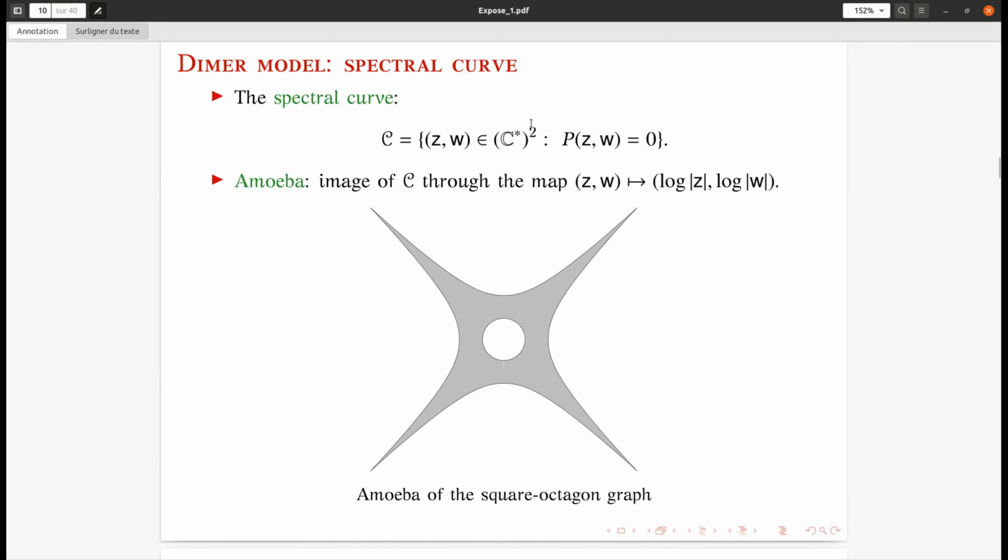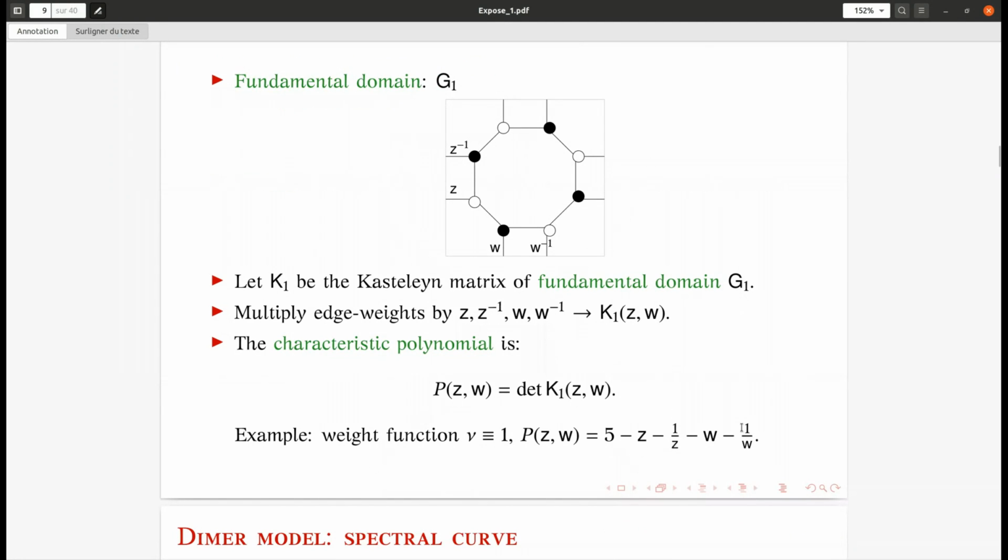And since it lives in a four-dimensional space and that it's quite difficult to see, what they usually do in algebraic geometry is to consider the amoeba of the curve. So the amoeba is the image of the curve through the mapping (Z, W) goes to (log modulus of Z, log modulus of W). Here on the picture, I have pictured the amoeba of the curve of this characteristic polynomial.